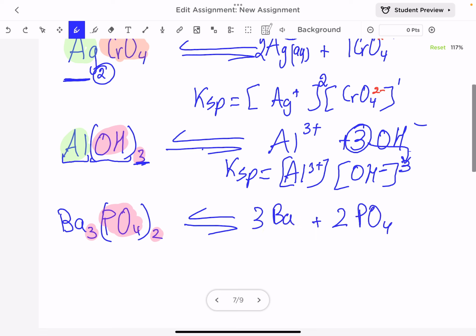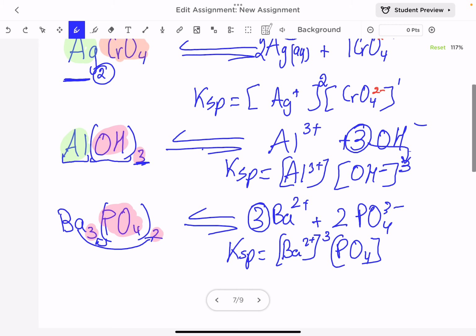So I have barium to be positive 2 because it belongs to group 2, and phosphate 3 negative. When I write the Ksp formula, it's going to be barium raised to the power of 3 multiplied by phosphate raised to the power of 2.